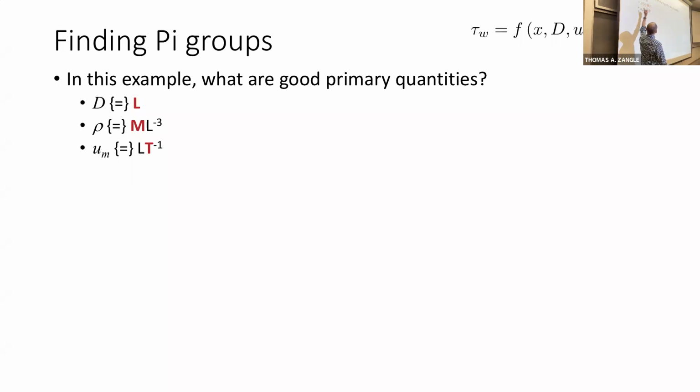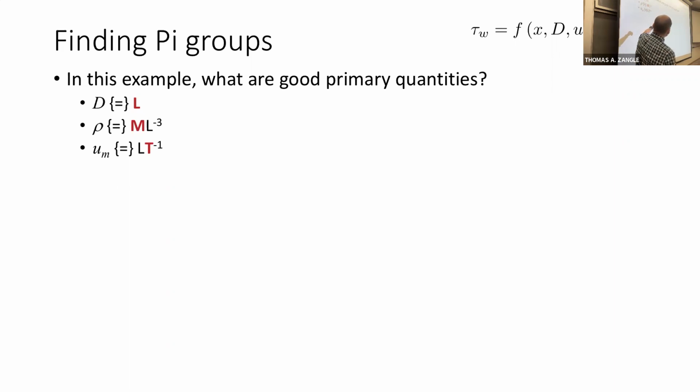We'll have diameter to cover length, density to cover mass, velocity covers time. Notice that the dimension doesn't have to be in the numerator or with a power of 1. In this case, we have t to the minus 1, and that's totally fine. And so we have all 3 covered.